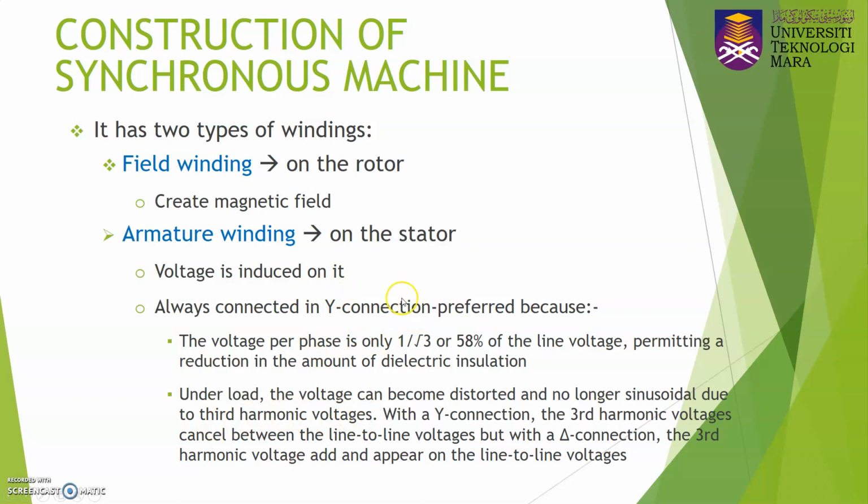With a Y connection, the third harmonic voltage cancels between the line to line voltage, but with a delta connection, the third harmonic voltage will appear on the line to line voltage. That's the reason why the armature winding is always connected in Y connection.